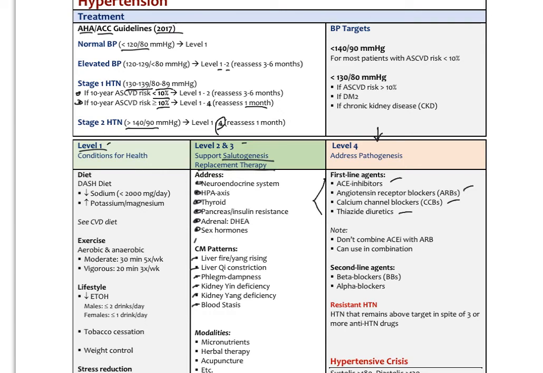Now, the guideline committees say that for different age groups, and even based on race, based on genetics, we should think about different combinations of these. So typically for Caucasian patients under 65 that need the medication, we usually start with an ACE inhibitor or an ARB. That would be the most common recommendation there. For Caucasian patients over 65 or for black patients, that's when calcium channel blockers or thiazide diuretics work better.